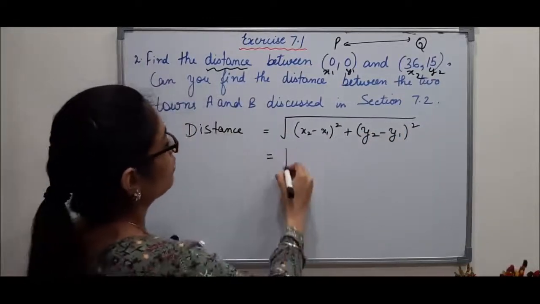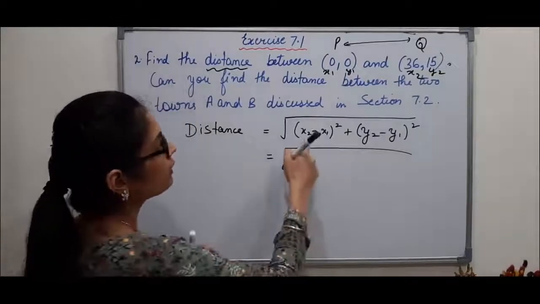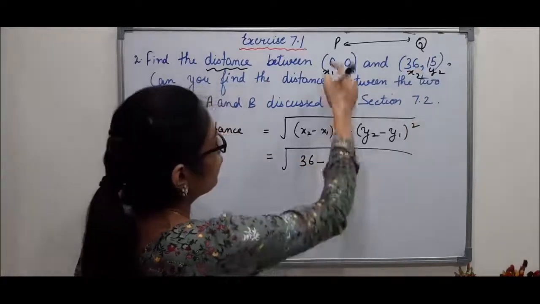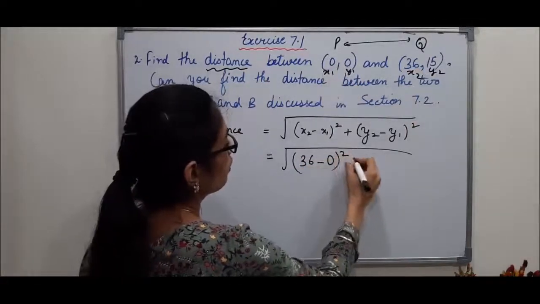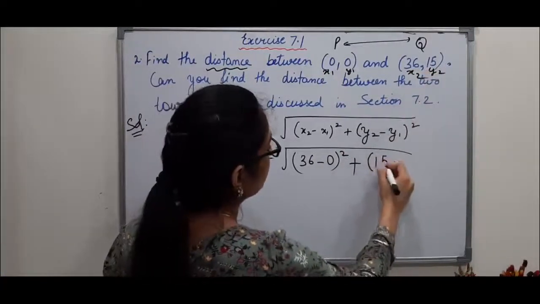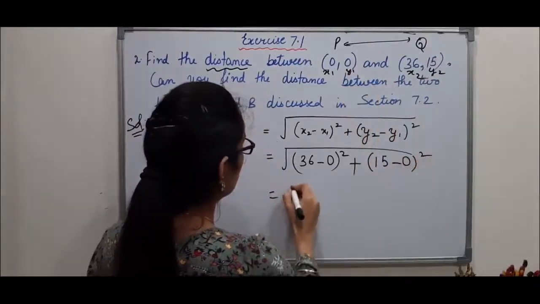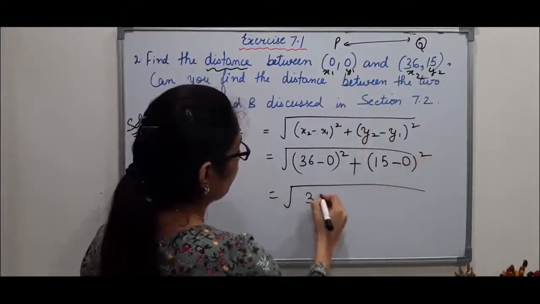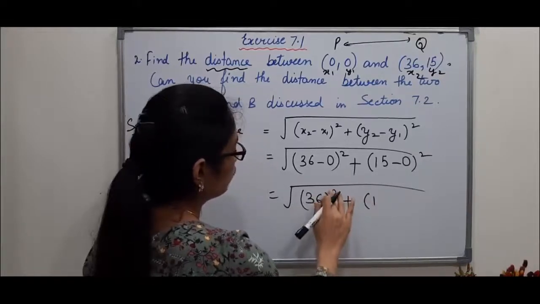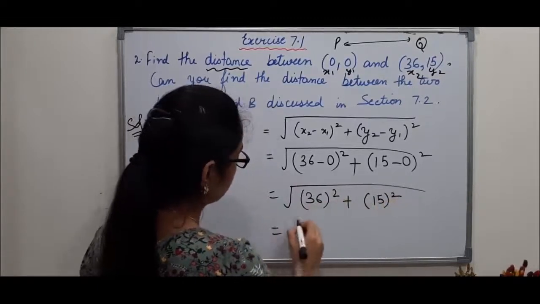Now we'll just substitute the values of x1, x2, y1, y2. So x2 you can refer from here, this is 36, x1 is 0, plus y2 is 15 minus y1 is 0. So this will be square root of 36 square plus 15 square.